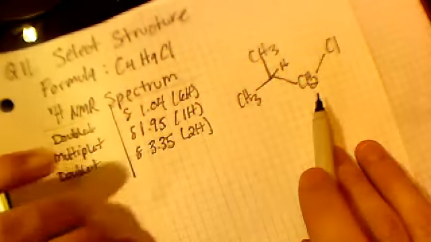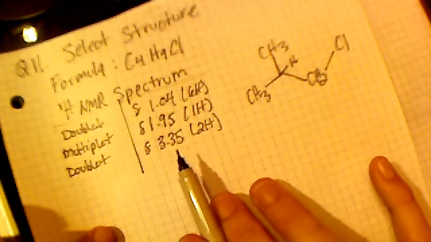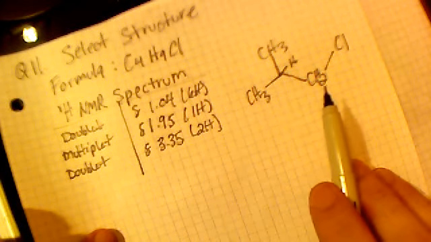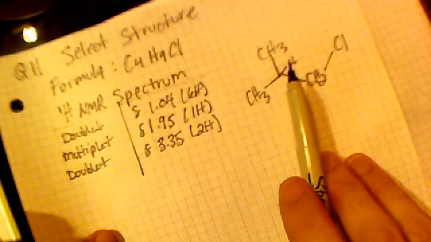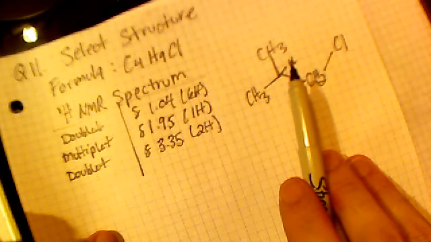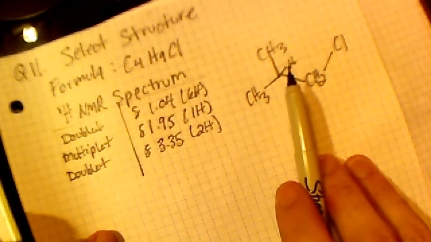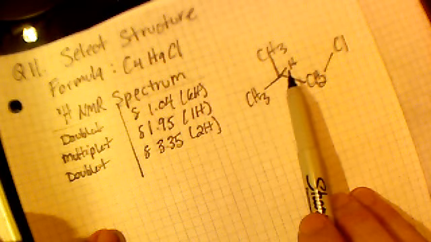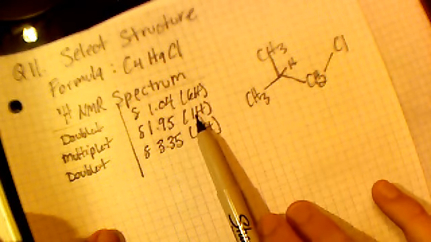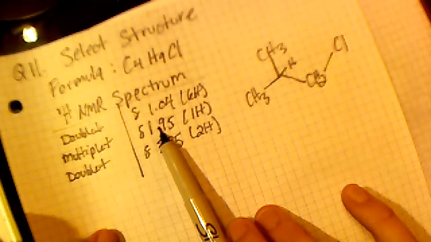So these 2 hydrogens right here are closest to the chlorine atom. They're downfield, and they're split only into a doublet because they're 3 bonds away from this 1 heterotopic hydrogen. This 1 heterotopic hydrogen is right here, the 1H. It's a little further upfield.